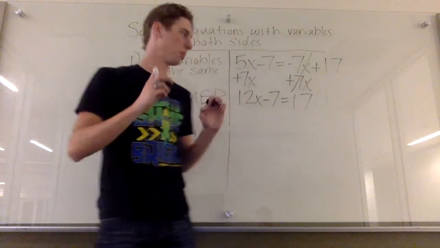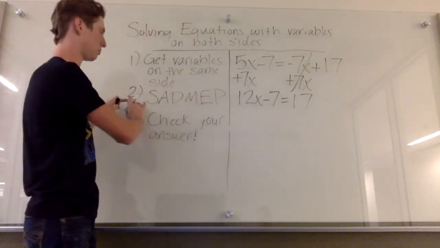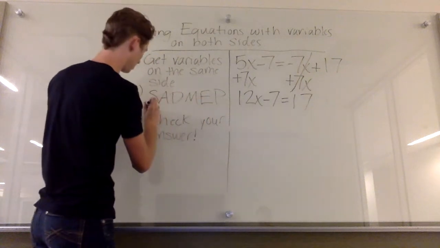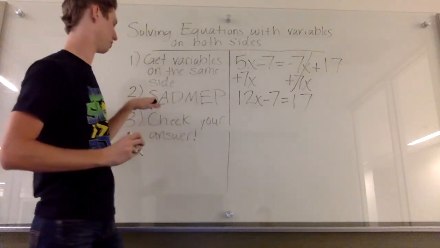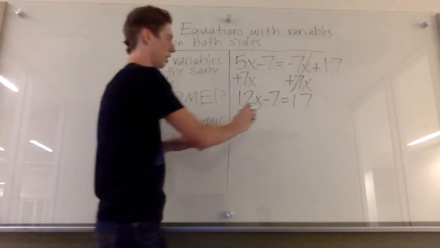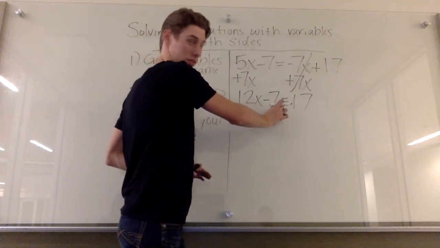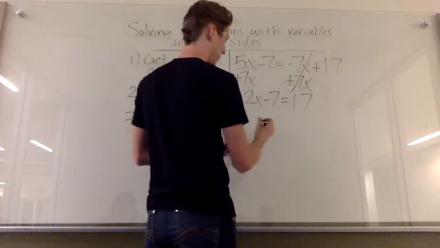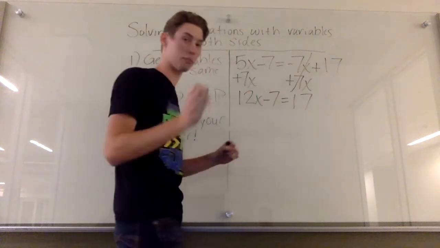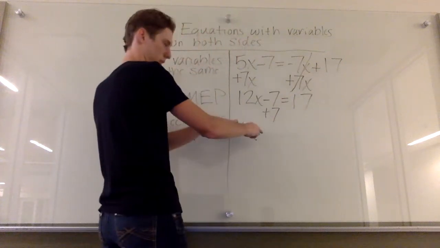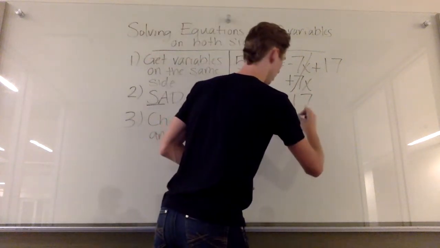Perfect. Now, let's move on to step 2, which is SADMEP. Okay? So let's first look for any subtraction or addition affecting the variable. We see that we've got this minus 7. Okay? So let's get rid of that first by doing the opposite operation, which is going to be plus 7. You do something on one side, you got to do it to the other.